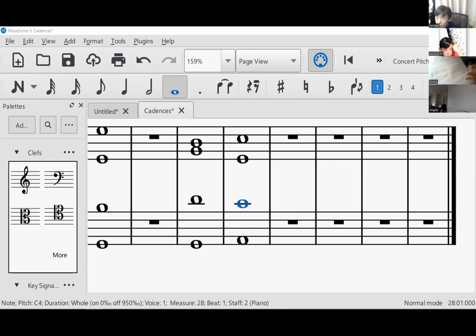Okay, Emma, the only problem I have with that is that the alto and tenor are more than an octave apart. So switch the two voices around.